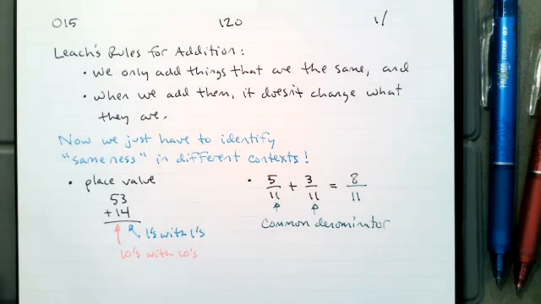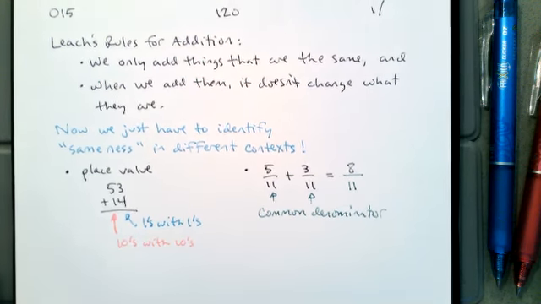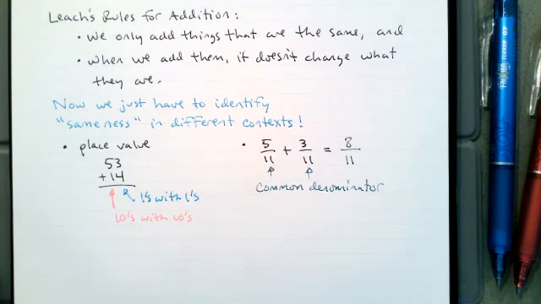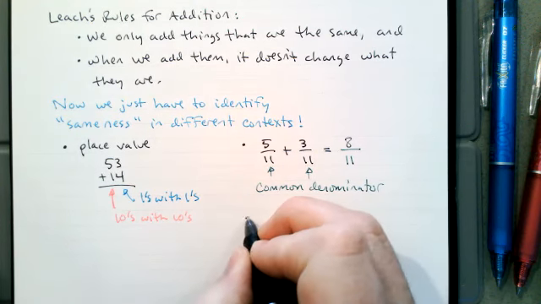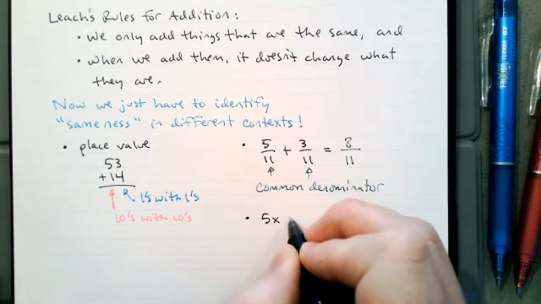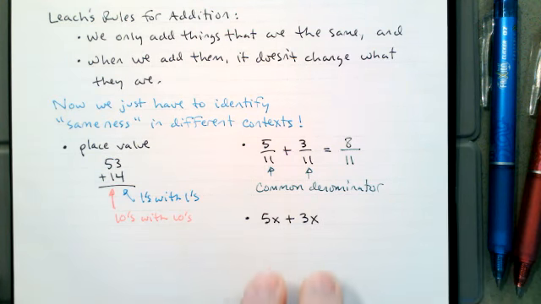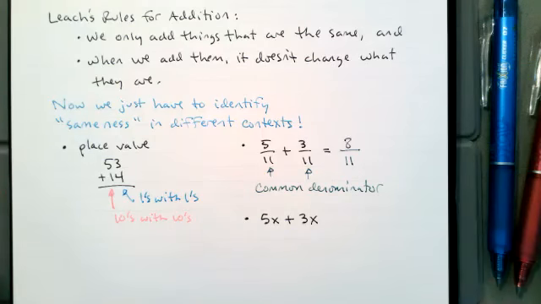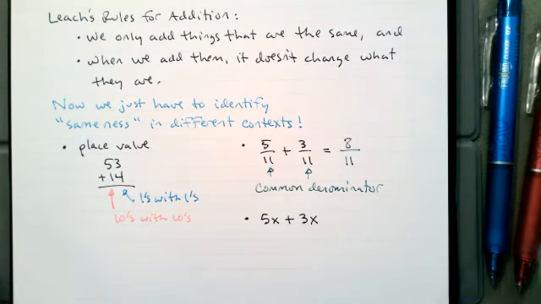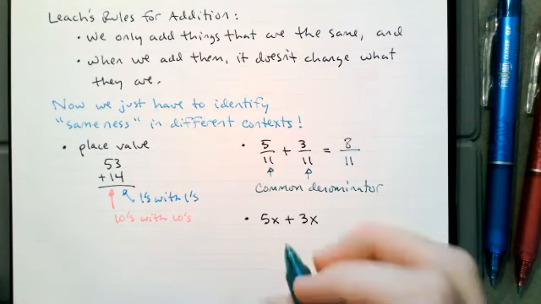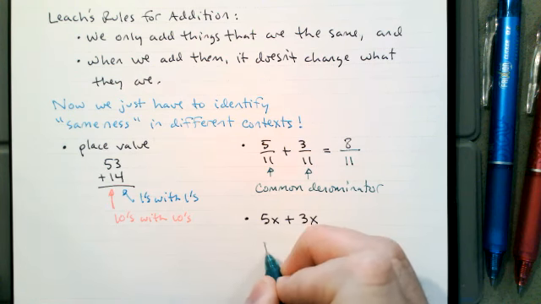Other places we see this, especially in an algebra class, so these are both x terms. Some of you knew the words, which was awesome. These are called like terms.